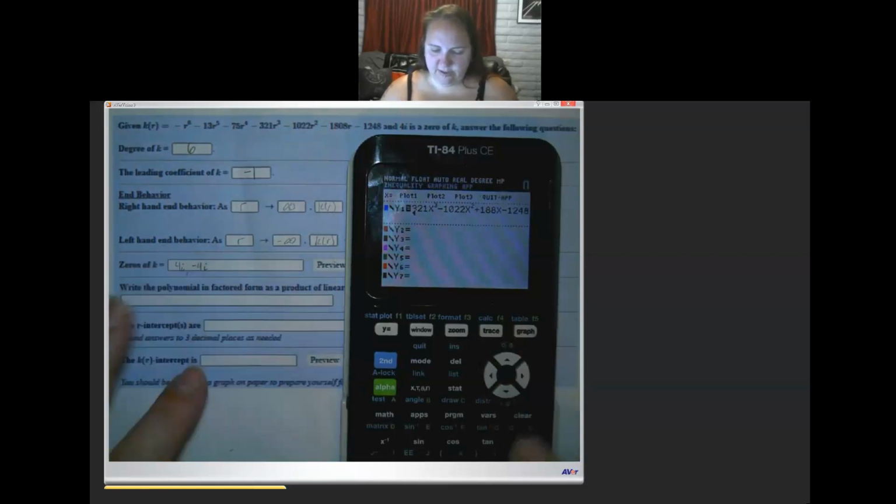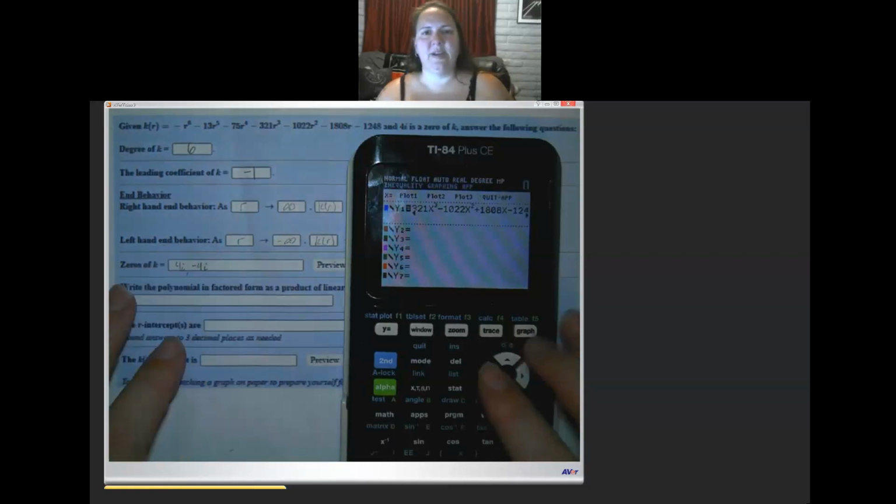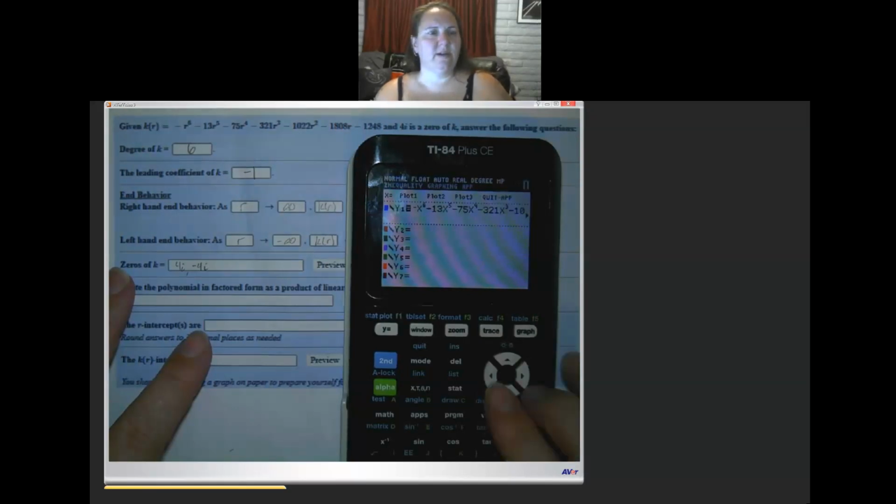Insert a 0. 1808. 1022. 321. 75. Oop, that should be a minus 13. Glad I checked. 2 minus 75 minus 321 minus 1022 minus 1808. Jeez, I sucked at this one. Good thing I checked it. Minus 1248. Okay.